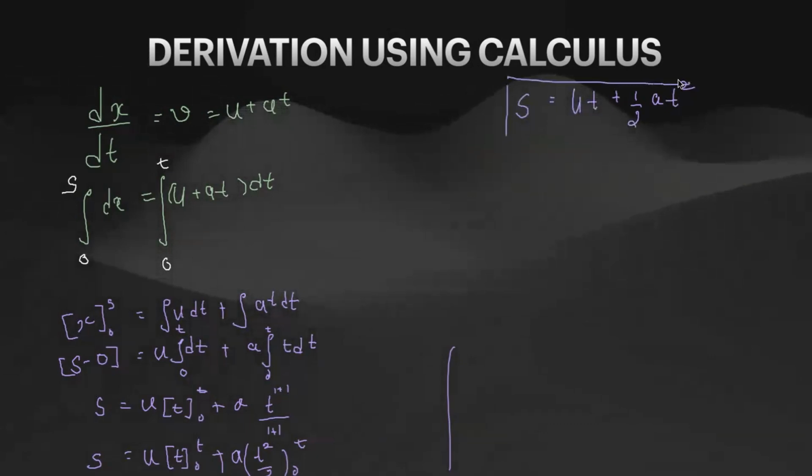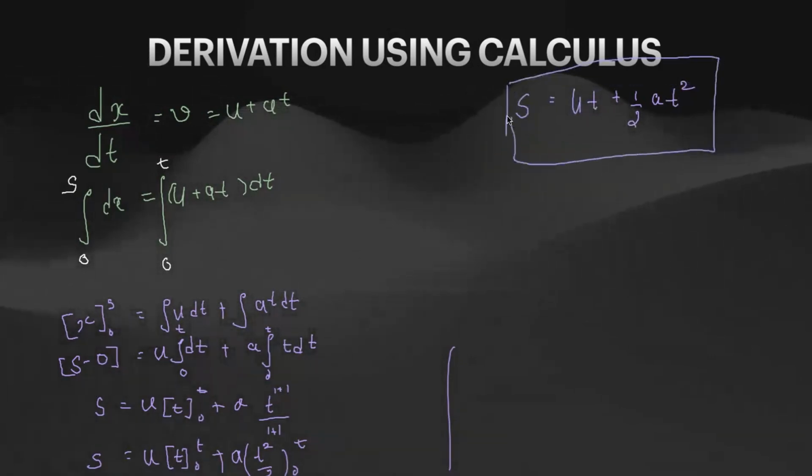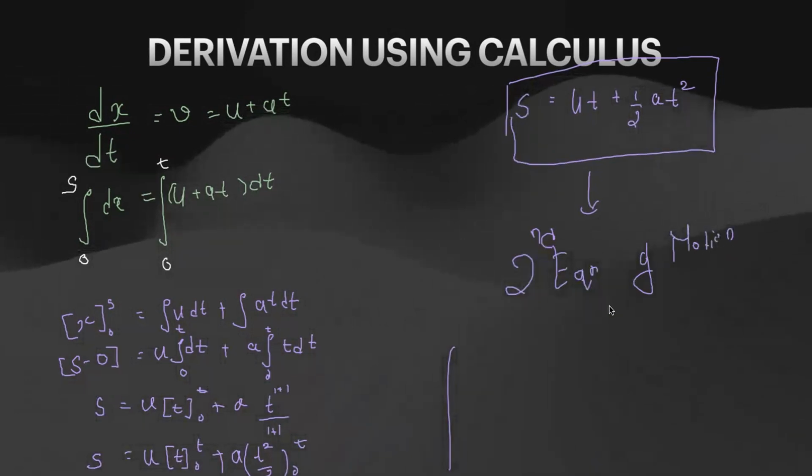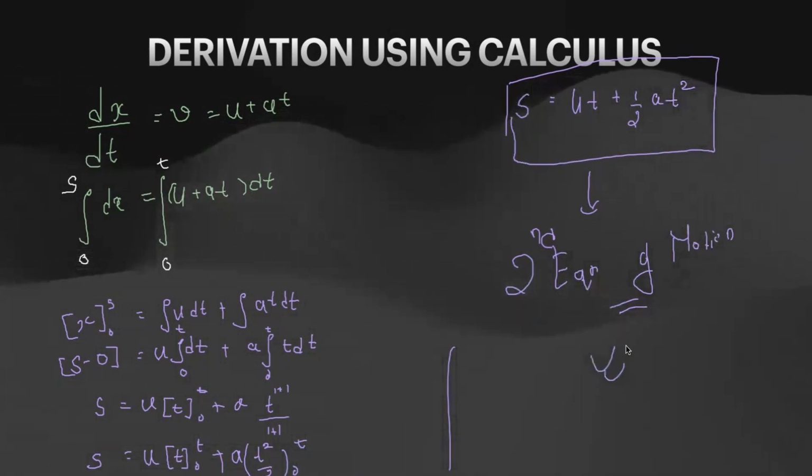So what did I get? s is equal to ut plus half at square. And what is this? This is nothing but our second equation of motion. Is this clear? Tell me. So we have derived the second equation of motion using the calculus method also.